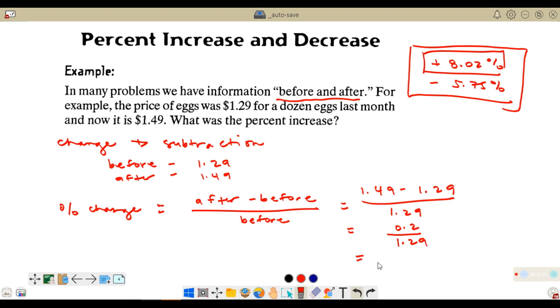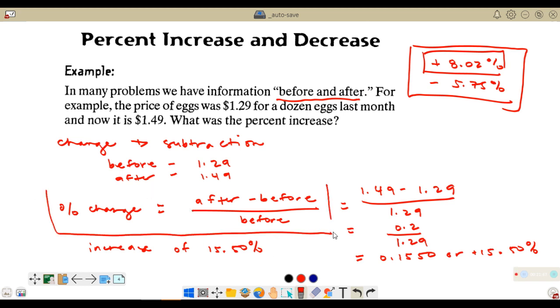You have positive 0.1550 or 15.50%. Since the sign here is positive, we have an increase of 15.50%. Okay? So, we won't change this formula. It's always like this. What determines whether you decreased or increased is the sign.